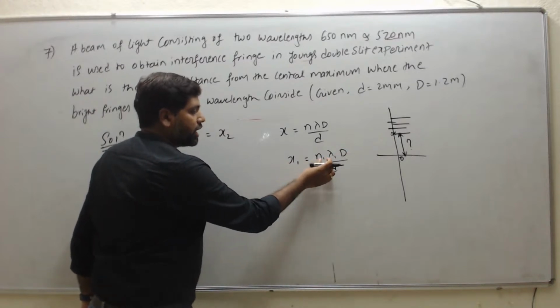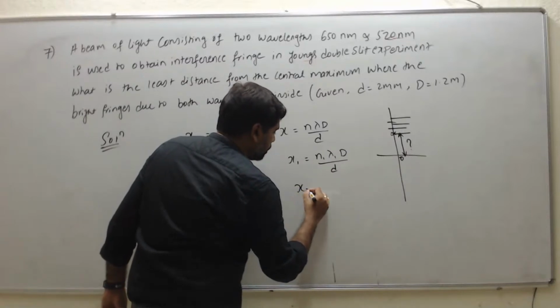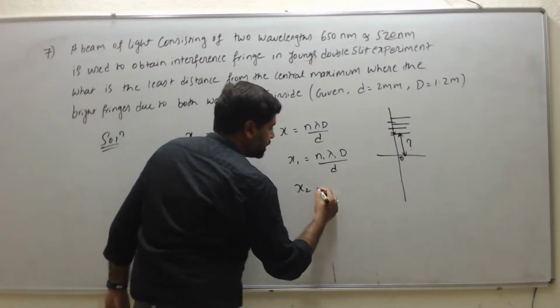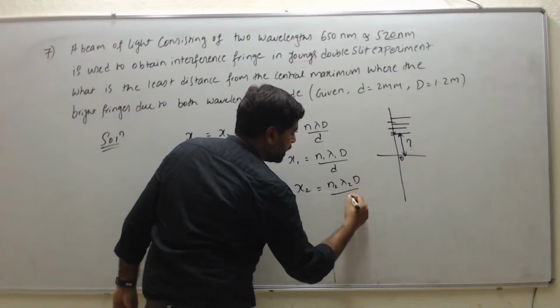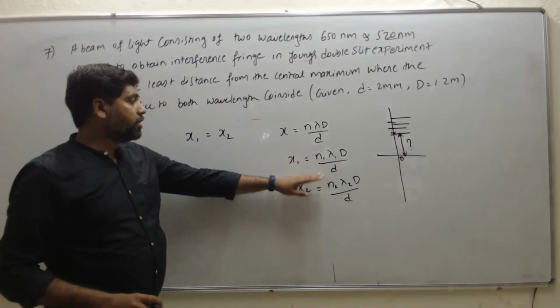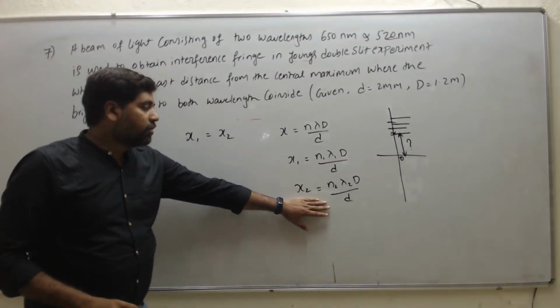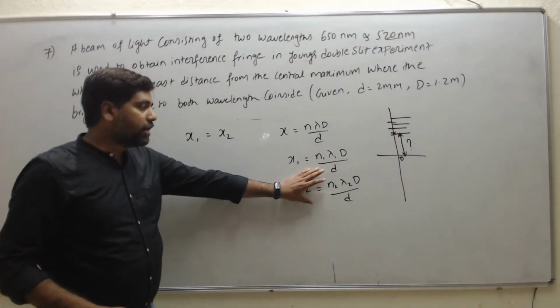Then x1 becomes n1 lambda 1 D divided by d. This is for the second wavelength, x2 equals n2 lambda 2 D divided by d. So we have these two values and these two are for the bright fringes.